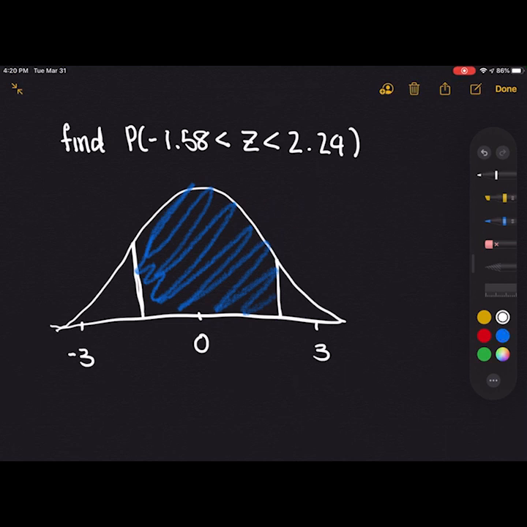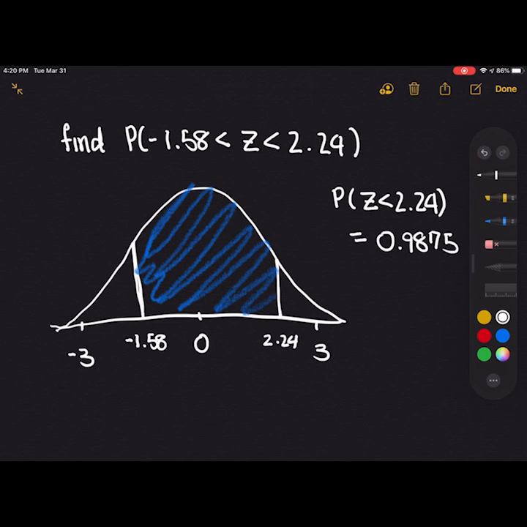So in order to find this, first we're going to determine 2.24. In order to get this whole thing, we have to find the probability that z is less than 2.24. So if you think about this in this way, 2.24 is going to be equal to 0.9875.